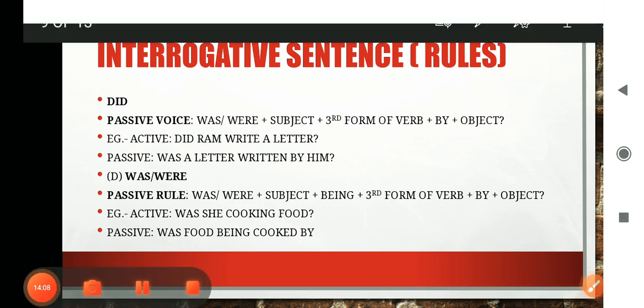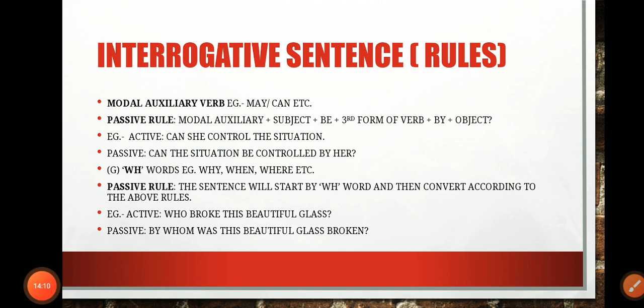Now let us move forward. Let us see some modal auxiliary verbs. May, can, etc. As you can see, these are the modal auxiliary verbs. What are the functions of modal auxiliary verbs in the conversion of active to passive? The passive rule is modal auxiliary plus subject plus be plus third form of verb along with the preposition by, and at last we use the object. For example, in active voice, can she control this situation? क्या वो इस situation को control कर सकती है?